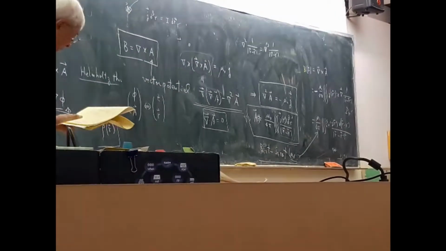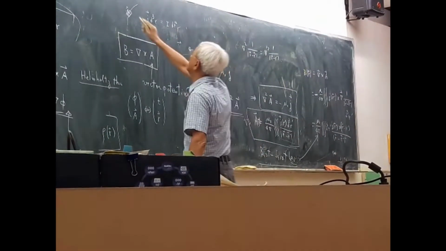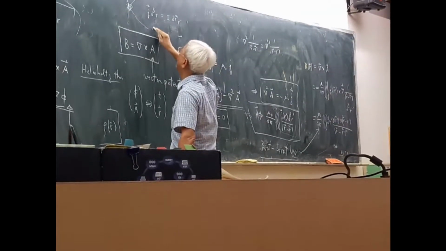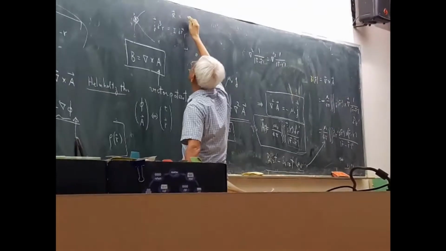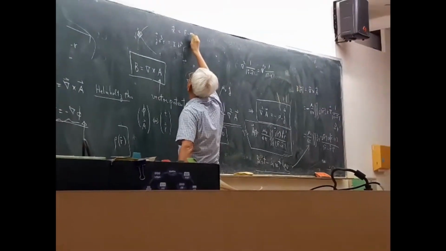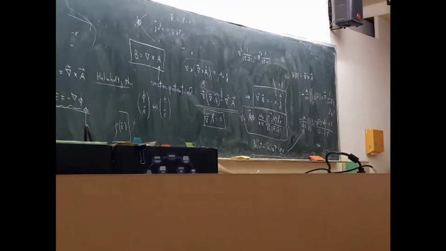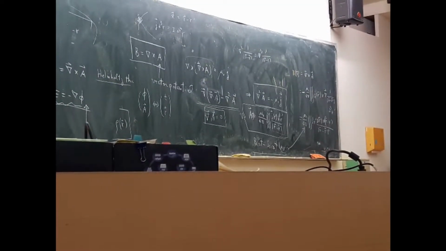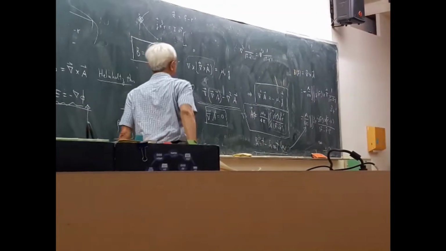R is r minus r', the distance between the viewpoint and the source.